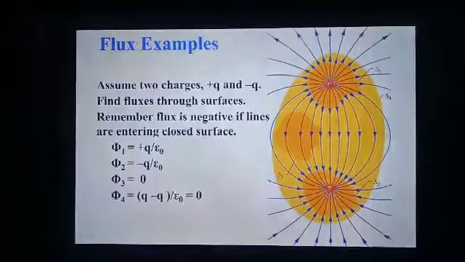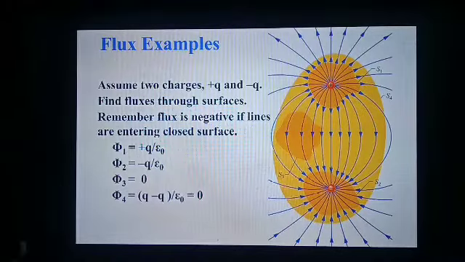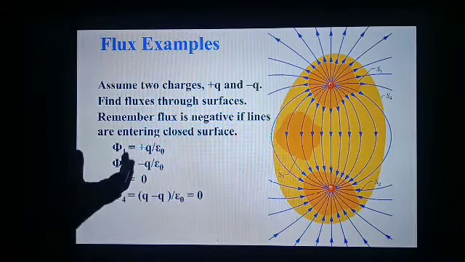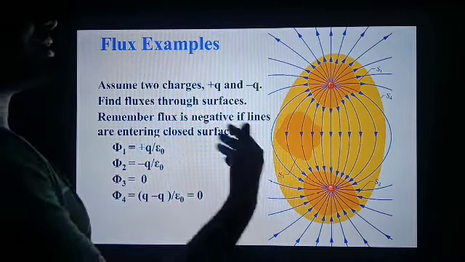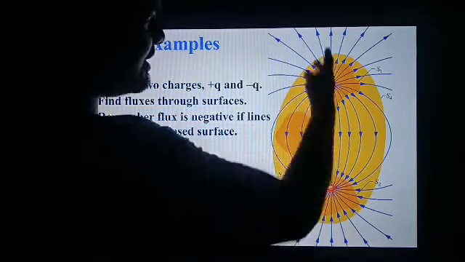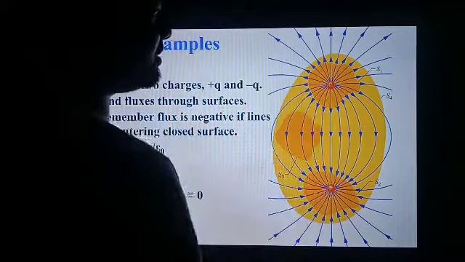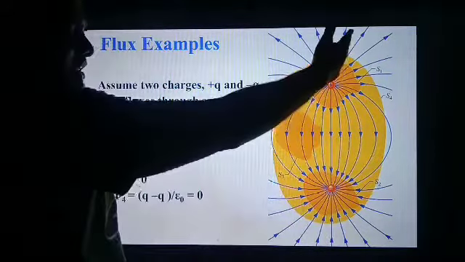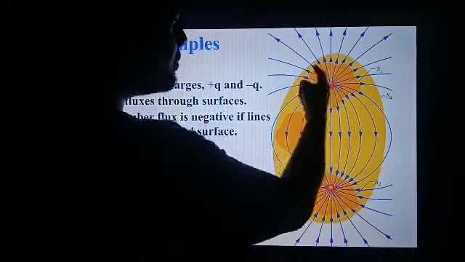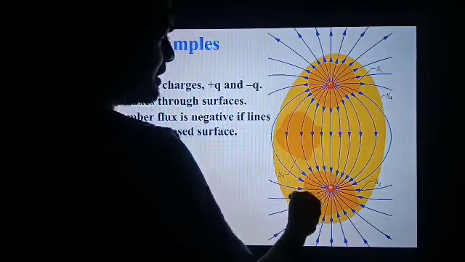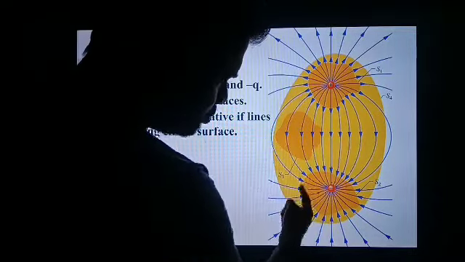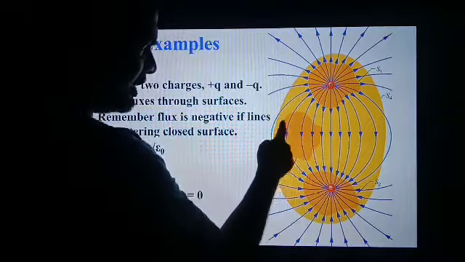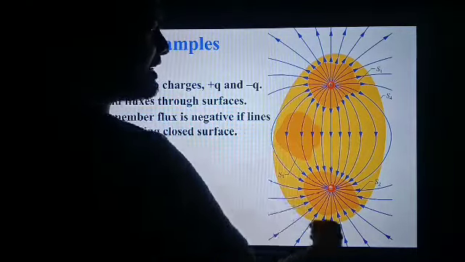Now, how do we analyze the electric flux passing through different surfaces? Let's see an example. In this example, there is a dipole, with a negative charge and a positive charge. Suppose we have drawn four Gaussian surfaces: this is S1, this is S2, this is S3, and this one on the right is S4.